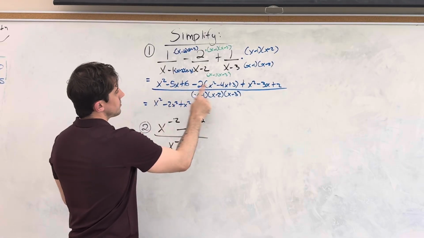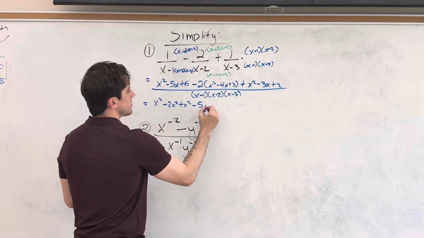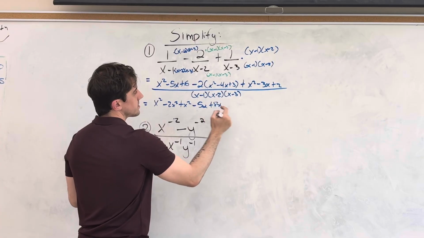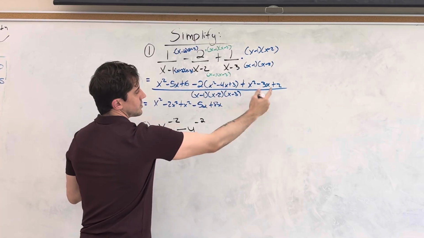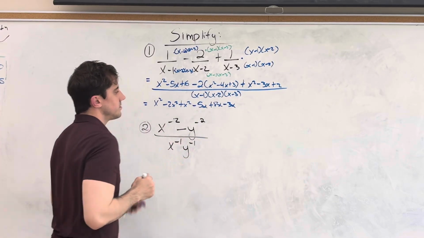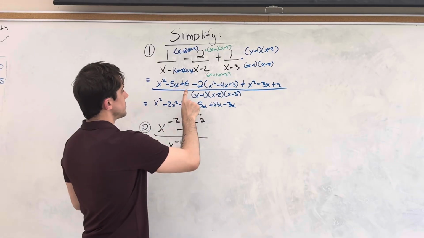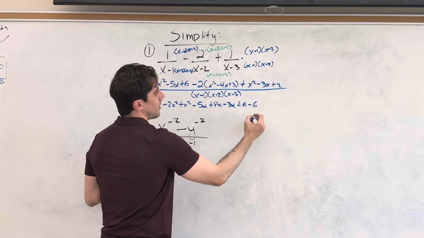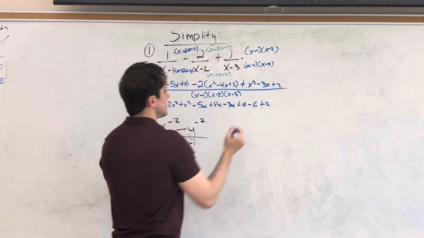Next, let's do the x terms. So we have minus 5x here. Minus 2 times negative 4x is plus 8x. And minus 3x, like so. And from the constant terms, we have plus 6. Minus 2 times 3 is minus 6. And in the end, plus 2.